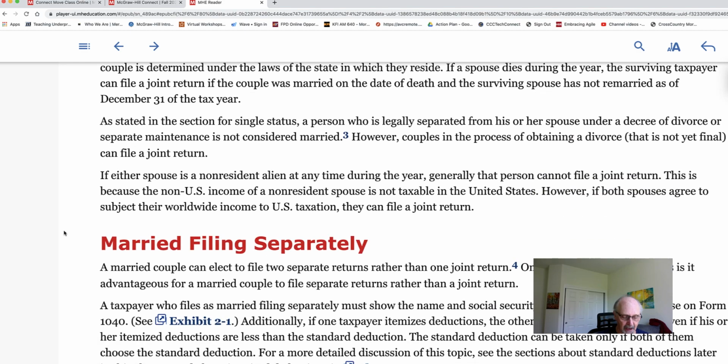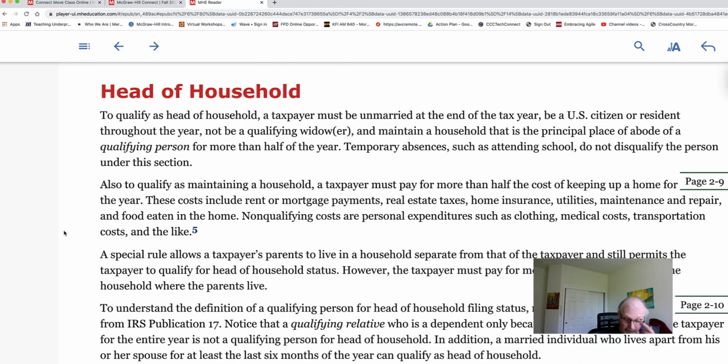Then there's head of household. There are several definitions for head of household, but basically, the taxpayer must be unmarried as of the last day of the year and providing principal place of abode of a qualifying person for more than half of the year. A qualifying person can be a child or a relative.